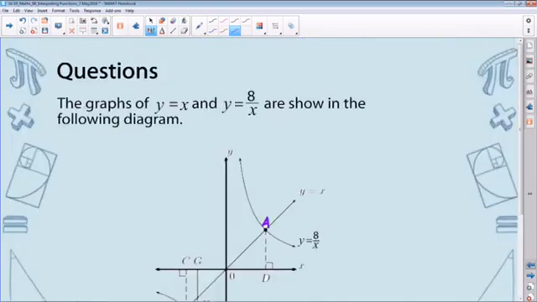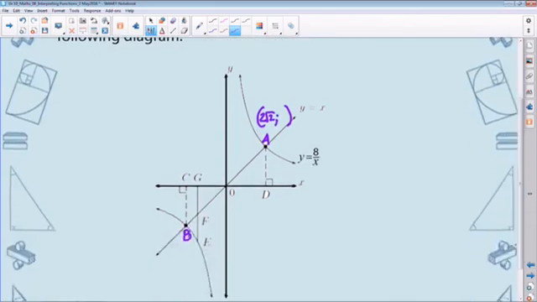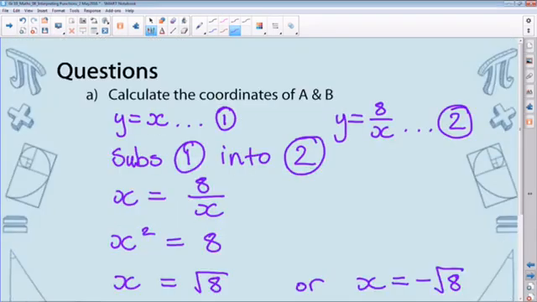We have an x coordinate for A. Now, x coordinate for A is going to be 2√2. And our x coordinate for B is going to be -2√2. But in both of these cases, we don't know what y is going to be. So we need to do some substitution.